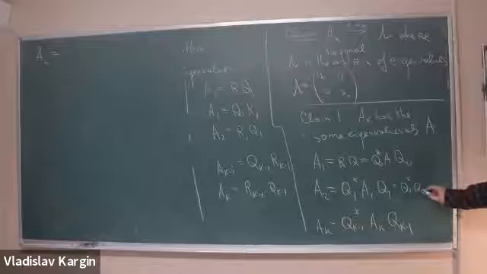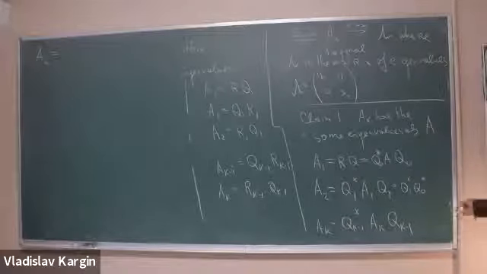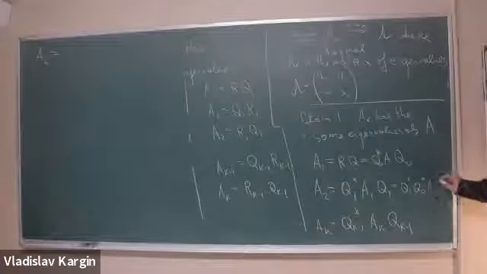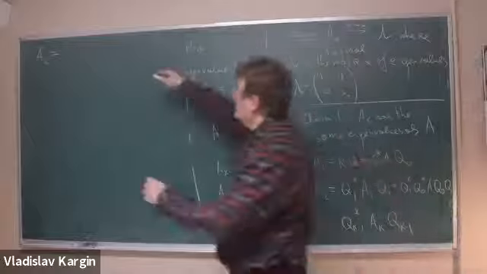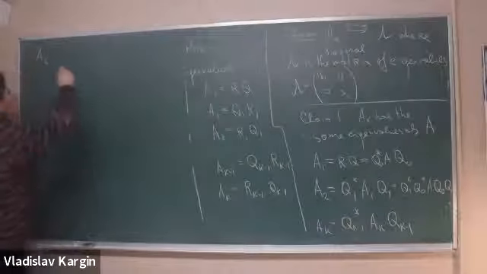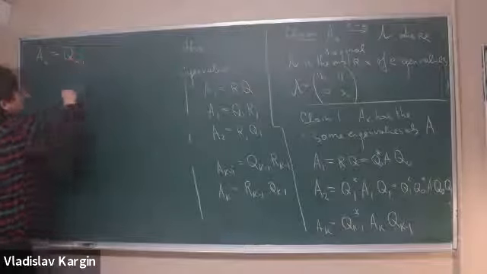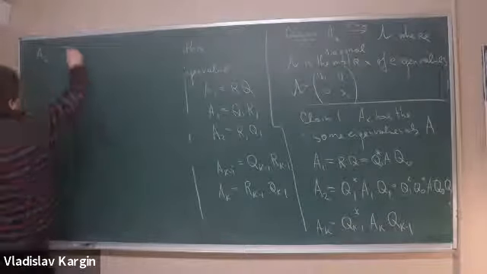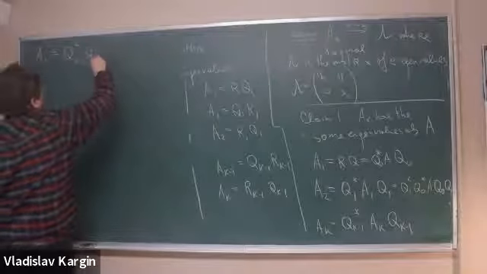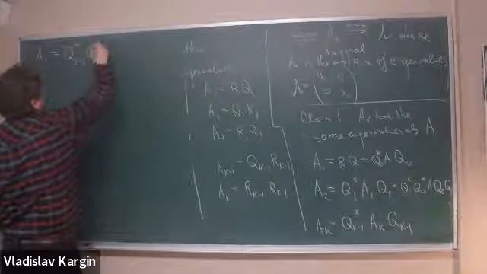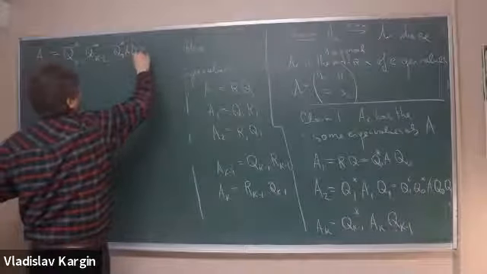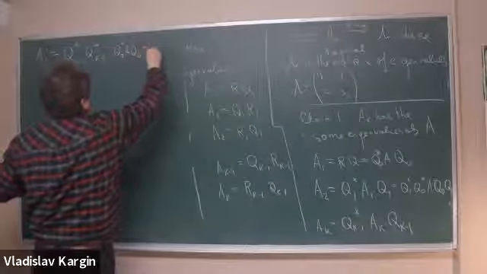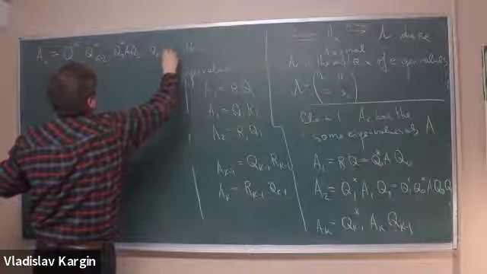So Q1 star Q0 star A Q0 Q1. So in general AK is equal to Q K minus 1 star Q K minus 2 star, and so on, Q0 star A Q0, and so on, Q K minus 2, Q K minus 1.